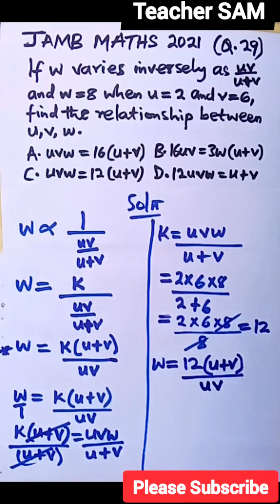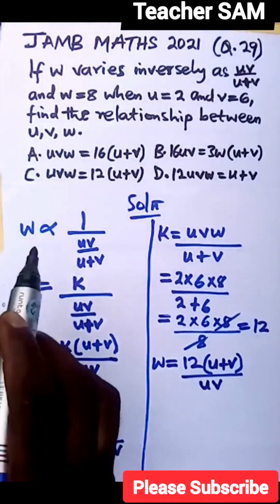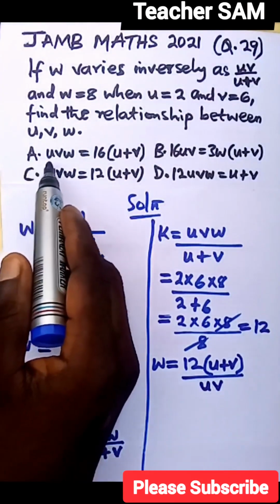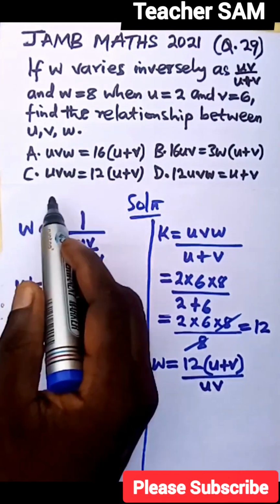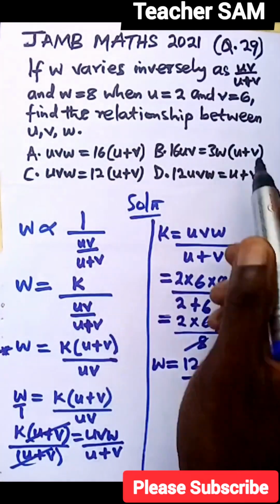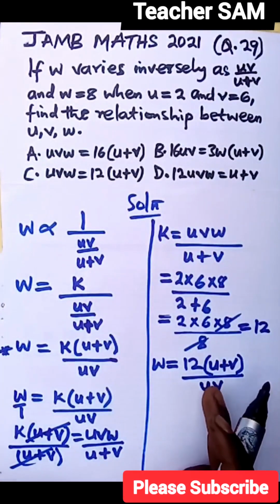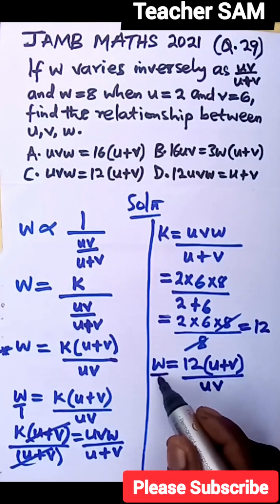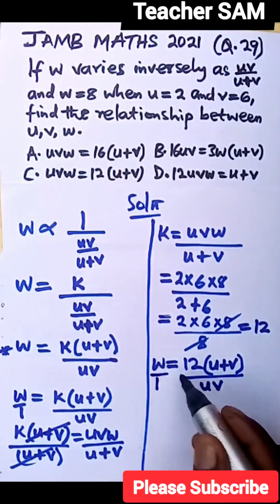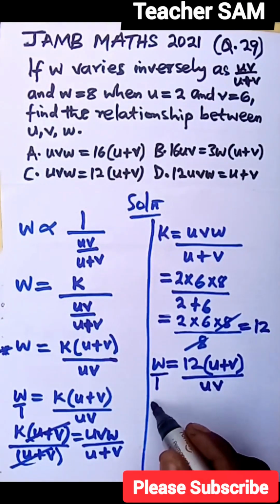Now go back to your question. If you look at your options, you find out that we have some things in UVW. We have this, we have this, we have this. So let's cross multiply this. If we cross multiply this, that is W times UV, we'll have UVW.